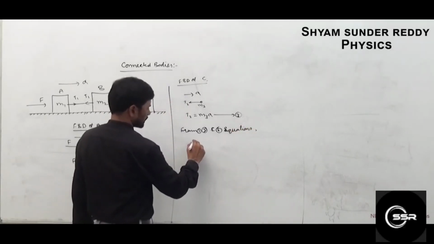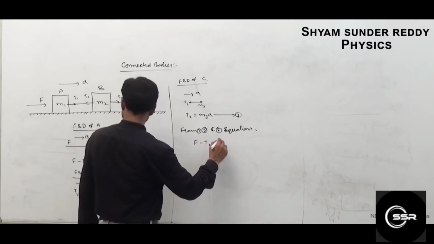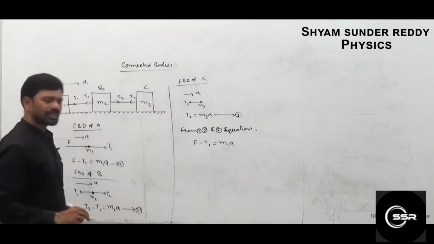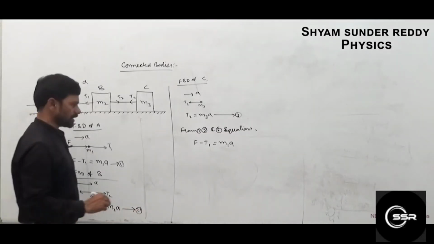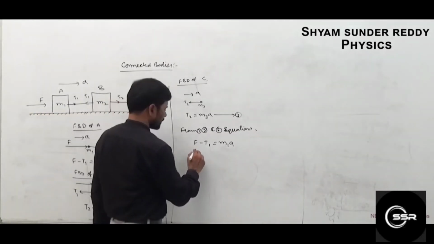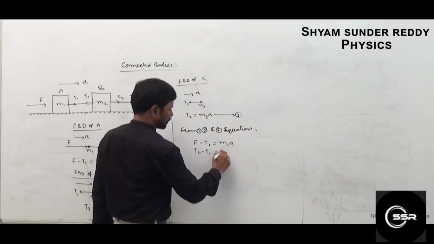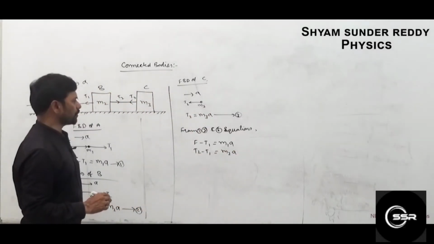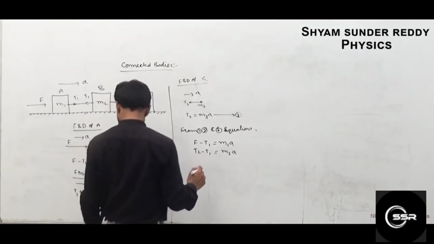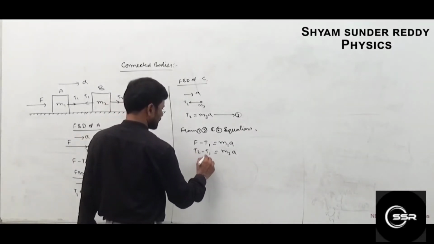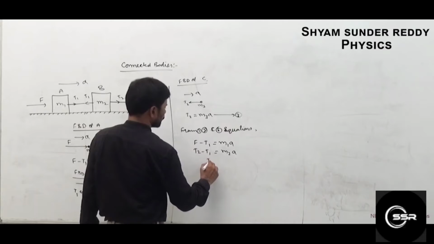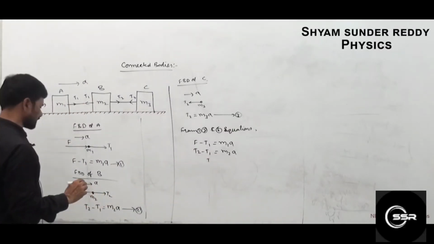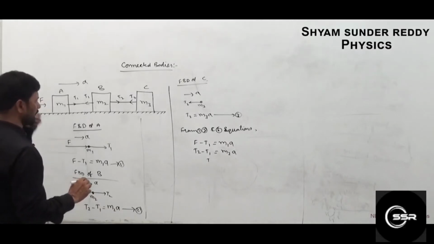F minus T1 is equal to M1A, and the second equation is T2 minus T1 is equal to M2A, and the third equation is T2 is equal to M3A.